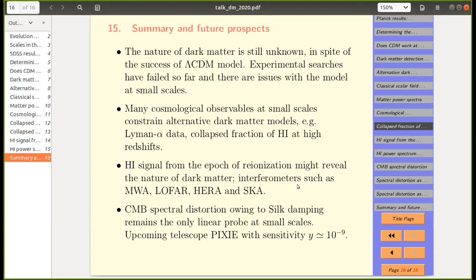There are multiple experiments going on. I myself am involved in MWA, analyzing the data of at least one of those experiments, and many of us are involved in SKA, and that data may take another 10 years to come. CMB spectral distortion, I didn't talk about it. That's another probe of the dark matter. I'll stop here. Thanks a lot.